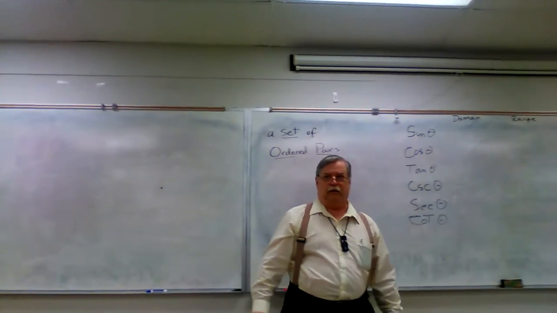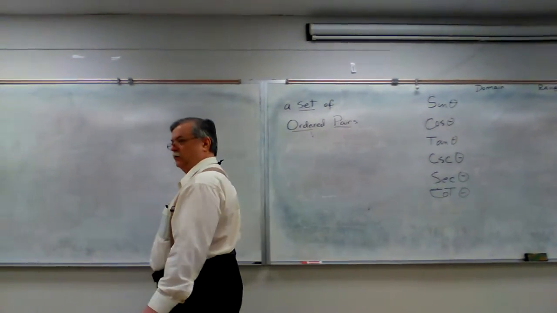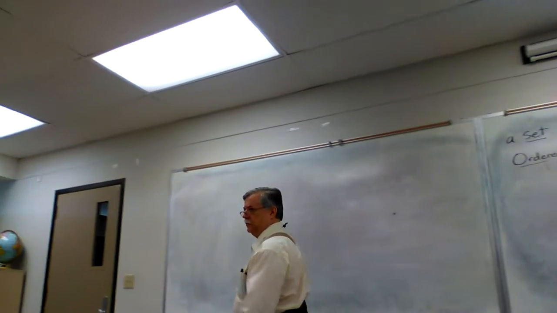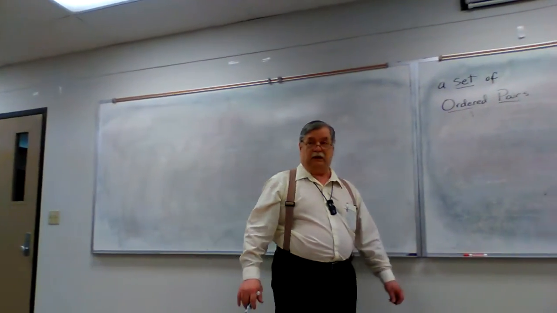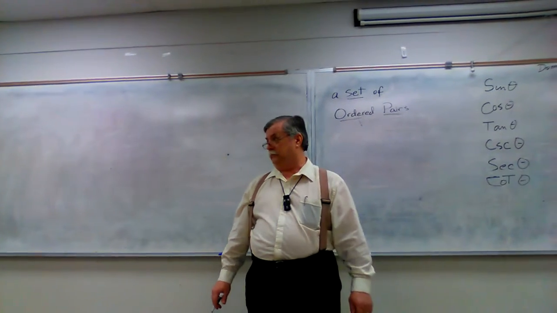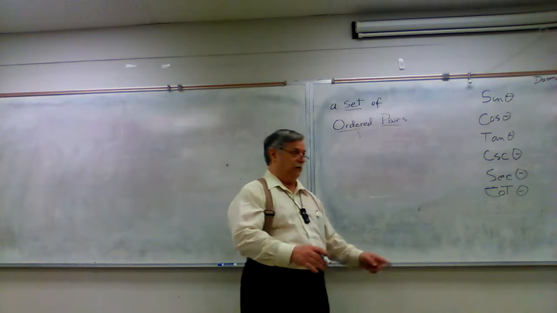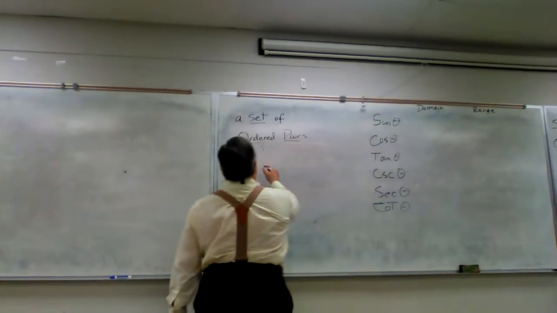A function is a set of ordered pairs. It might be a finite function. It might be an infinite function. The set could be finite or it could be infinite.